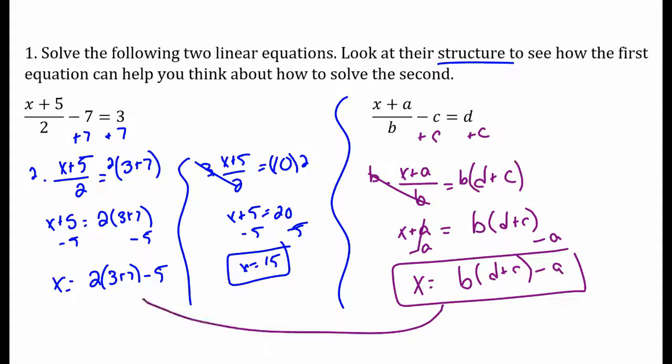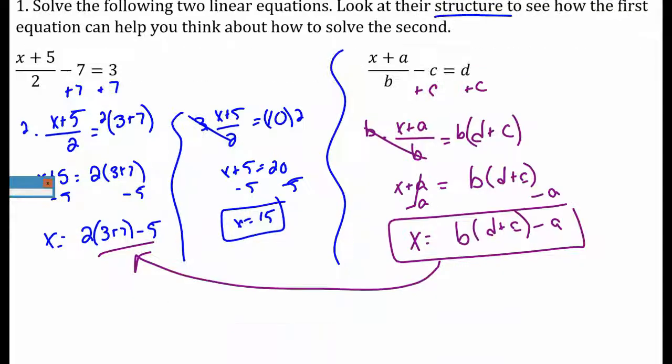Notice it looks just like this solution over here where I didn't combine like terms. When I actually did the arithmetic of 3 plus 7, 10 times 2, I noticed that it's still b times d plus c minus a. It's the exact same structure as that equation there, except I'm not combining like terms. I'm just leaving it in terms of these letters here.